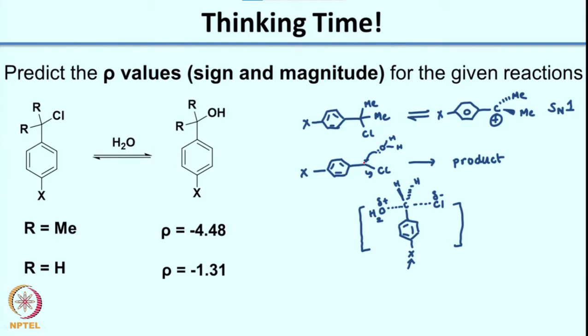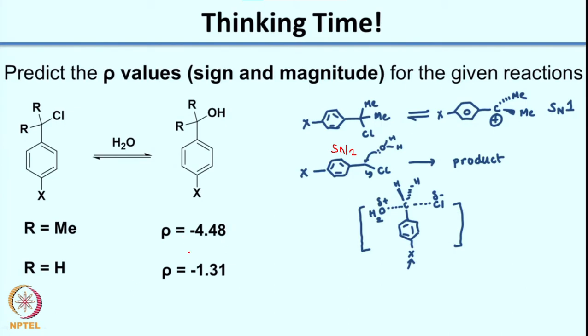The SN1 mechanism will be followed by the reaction, giving the intermediate tertiary carbocation. But in the second case, if both the substituent R groups are H, it will become a primary carbocation, which is less stable. So here the SN2 mechanism will be followed because of less steric hindrance, correct? The SN2 mechanism will be followed when both the R groups are H.